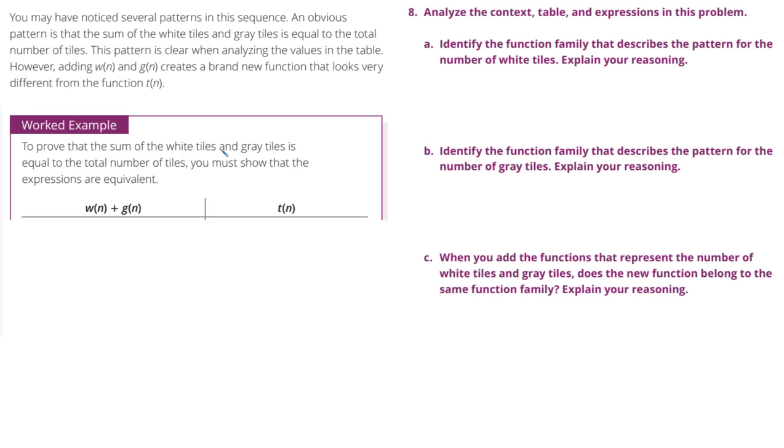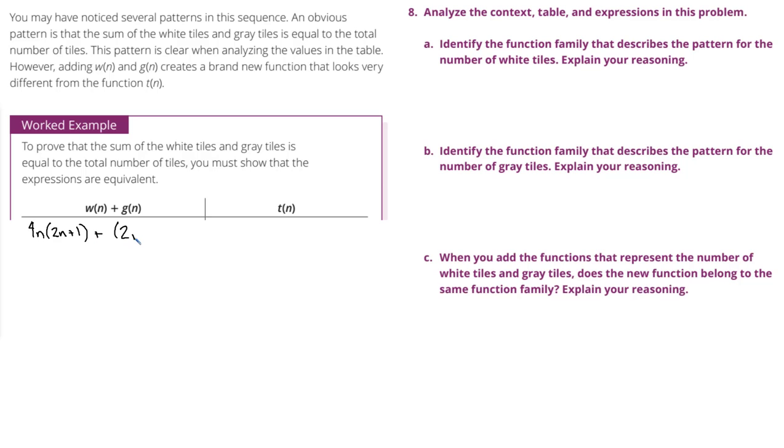So let's take the same idea, and we're going to be looking at the white and the gray tiles added together. Does that equal the same as the total? And so we said the white was 4n times 2n plus 1.